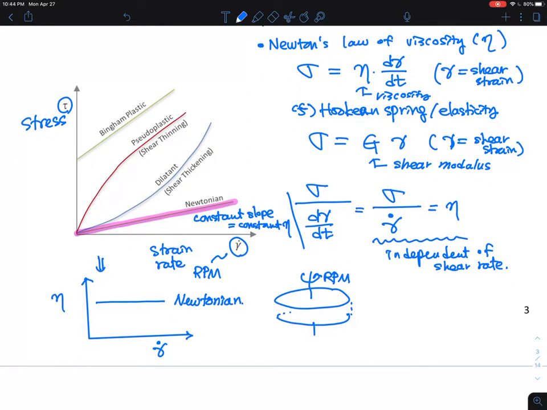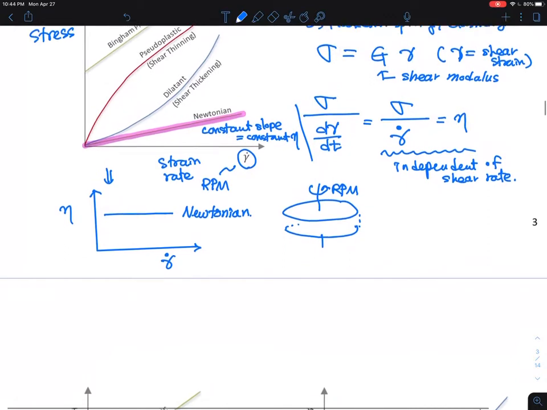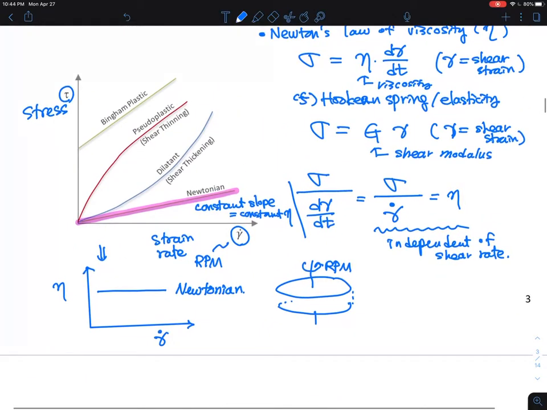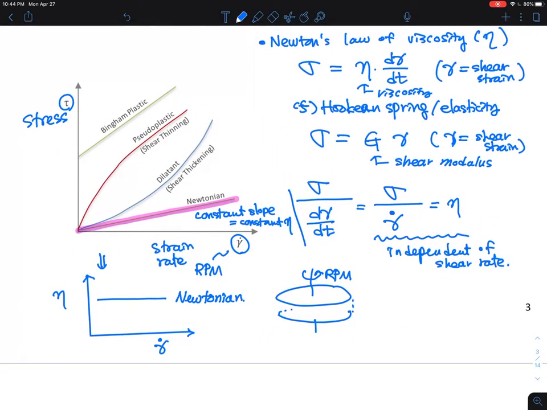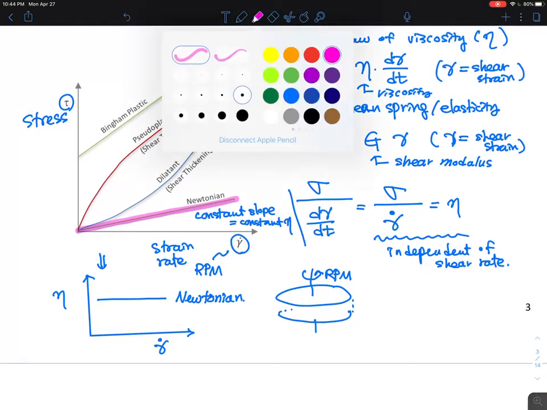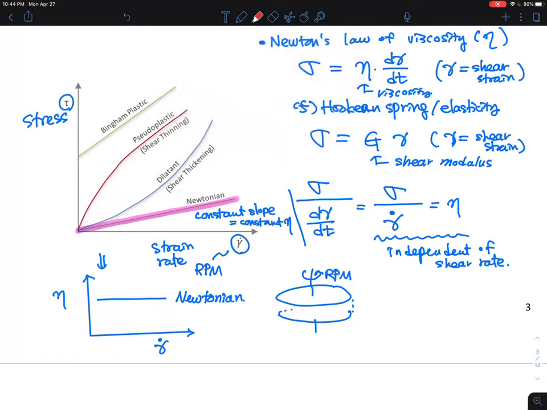For the case of non-Newtonian, I want to show the shear thinning, and for this one I want to use the figure as it is. The shear thinning is when you have an initially pretty high slope, and then the slope is getting smaller and smaller, right? So your slope is not constant, the slope is changing.